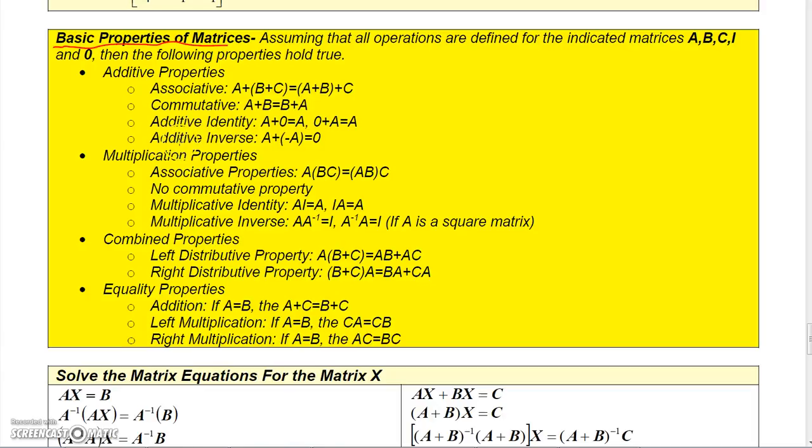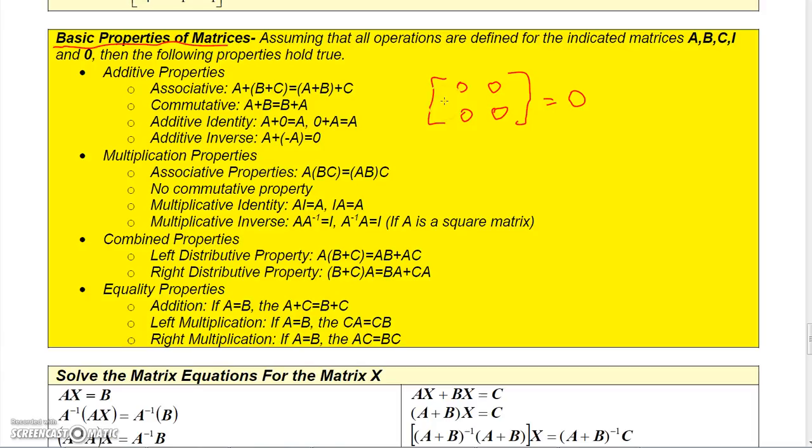Now, this assumes that these operations are defined. When it says A plus 0, it's not talking about the number 0. 0 in terms of matrices would be a matrix that has all zeros. So if we were dealing with 2 by 2 matrices, the 0 matrix would look like this.